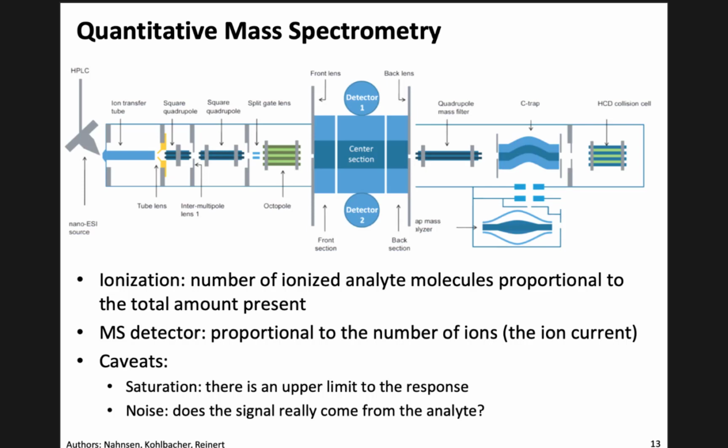So let's look a bit more at this quantification with a mass spectrometer. When we look into a mass spectrometer, there are two processes that we need to consider. One is the ionization. It's not obvious that the number of ions that goes into the mass spectrometer is really proportional to the concentration.